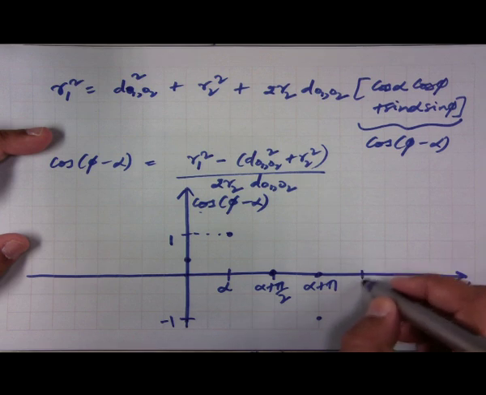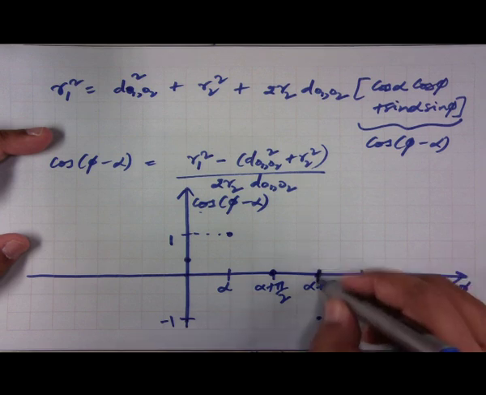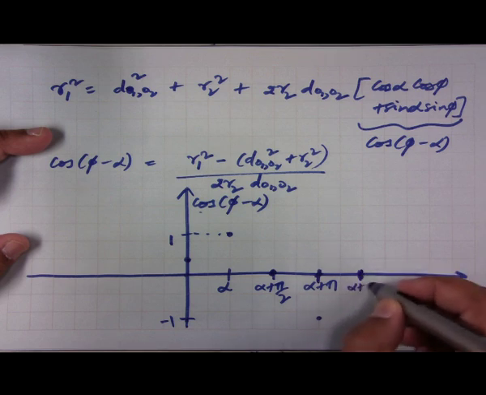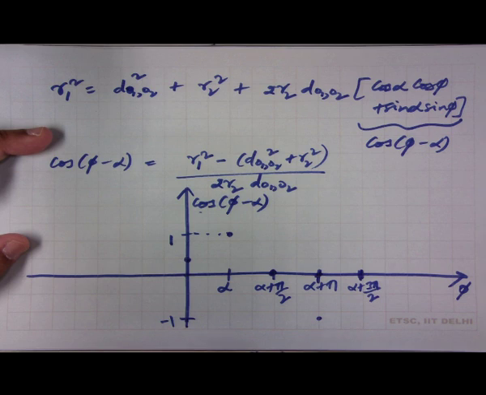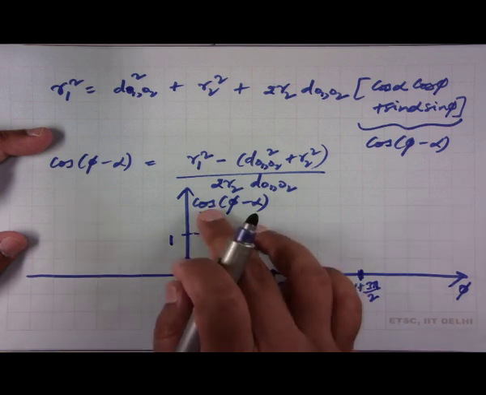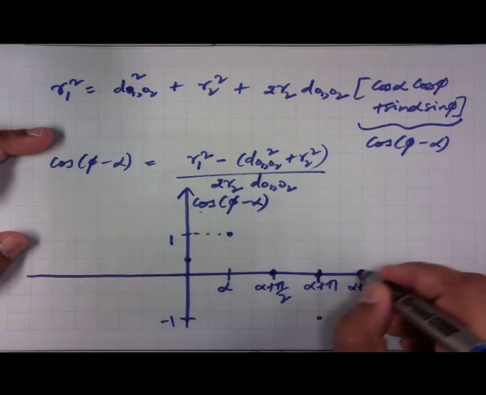At alpha plus 3 pi by 2, when phi is alpha plus 3 pi by 2, cos of phi minus alpha is again 0. So, it is again here.